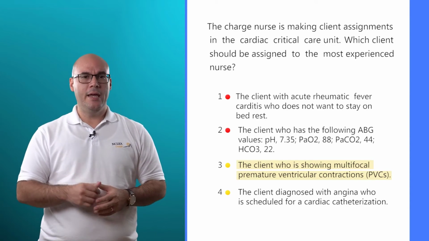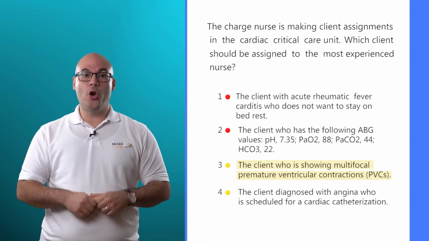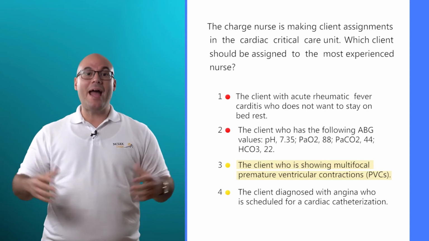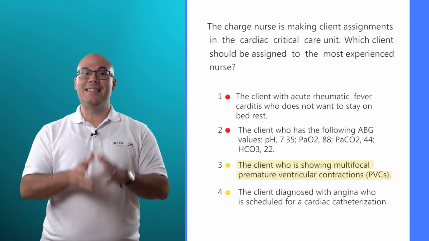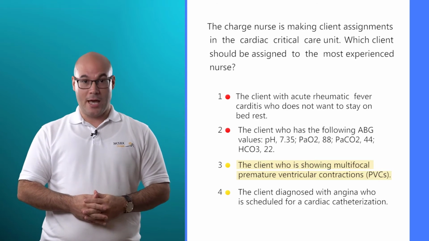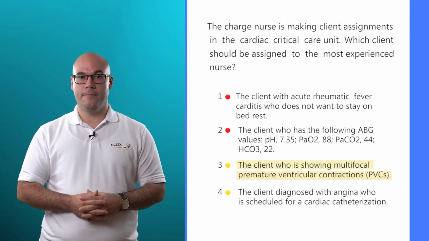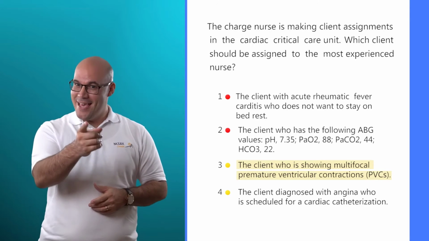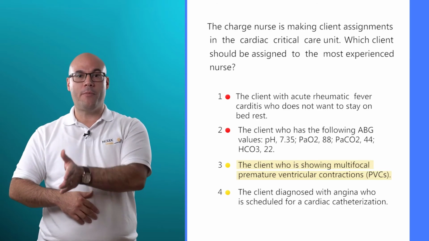Now, usually PVCs are benign in nature, but in this scenario, the word multifocal represents that there are multiple ectopic cells in the ventricle, and this patient is in danger of developing a cardiac dysrhythmia such as ventricular tachycardia or ventricular fibrillation. This patient has an acute condition but is unstable and also has an ABC compromised situation.